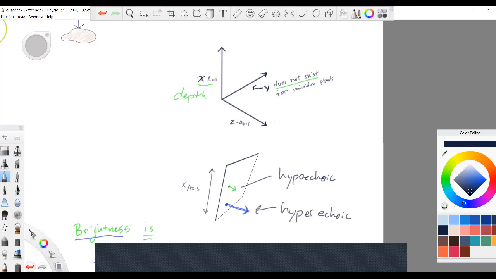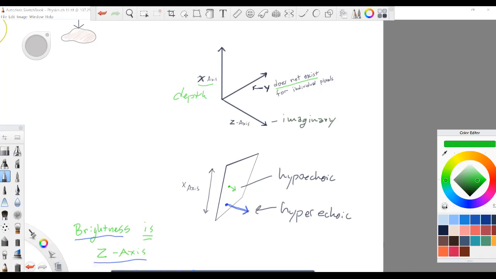So the z-axis, I'm just going to go ahead and write it's imaginary. It's kind of an imaginary axis. But you know what, just keep in mind, imaginary, my terms, not Edelman's. Because I'll probably say something wrong by calling it imaginary, but it's in my brain, it's imaginary.